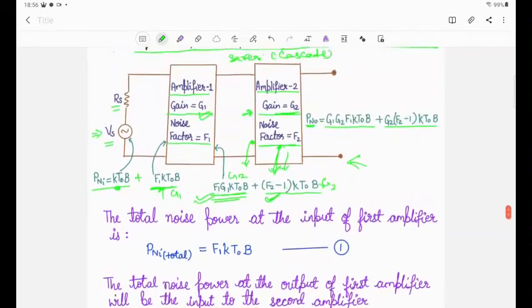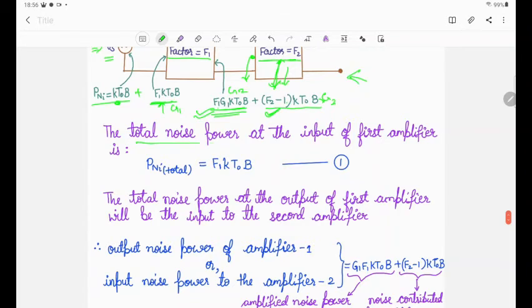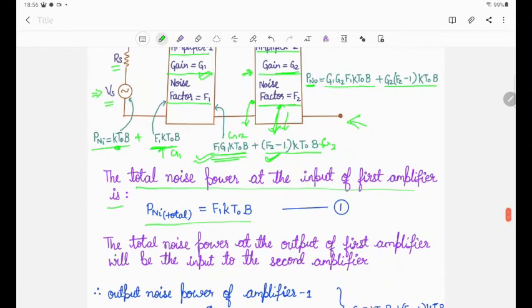Now let us find the noise factor for this case. The total input noise power at the input of the first amplifier, Pni total, is equal to F1 K T0 B. This is the total noise power at the input. But what is the contribution by the first amplifier? That will be (F1 minus 1) K T0 B. This is the contribution by amplifier 1.